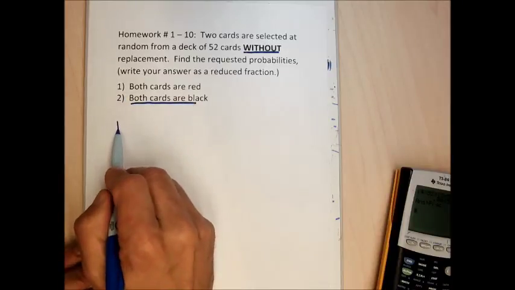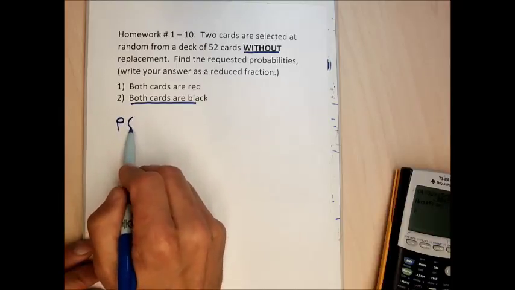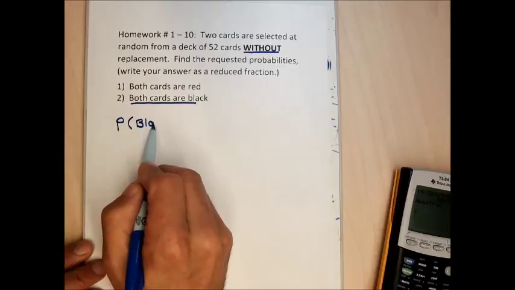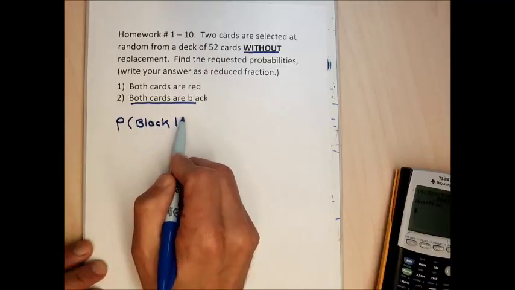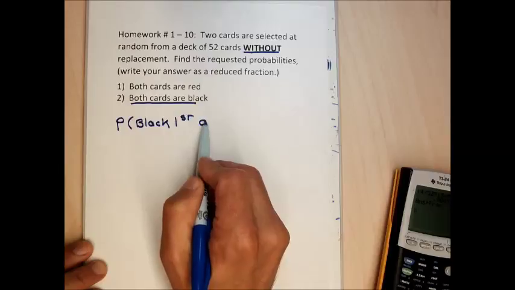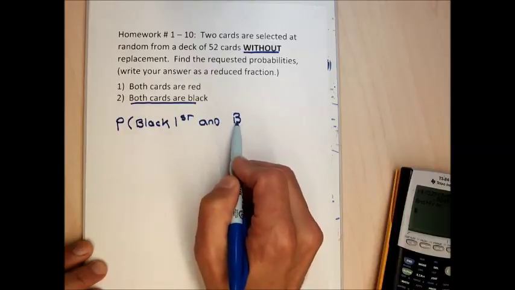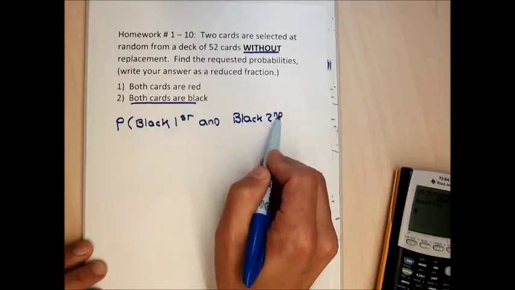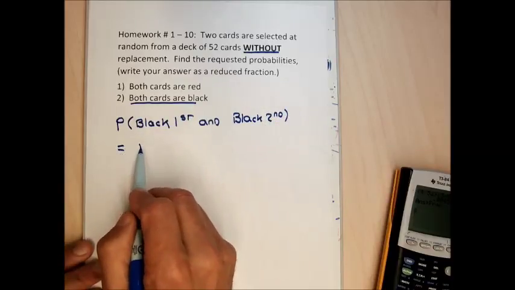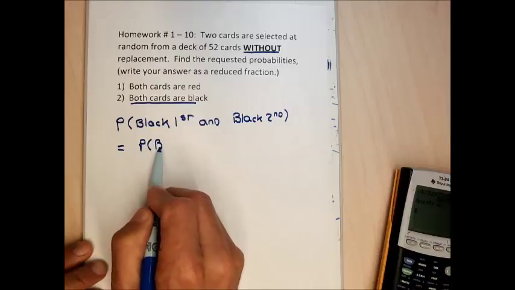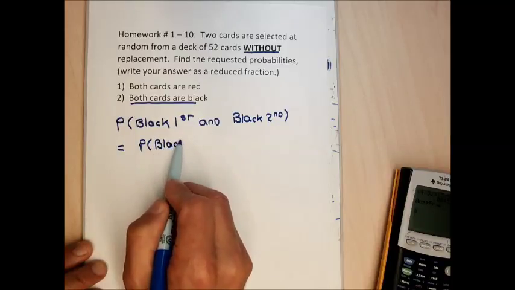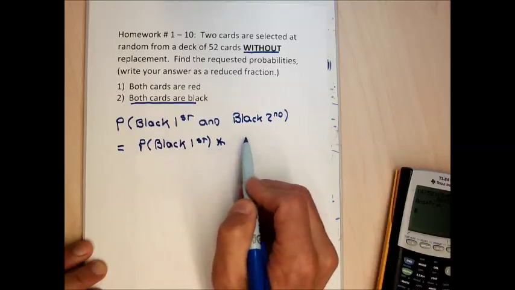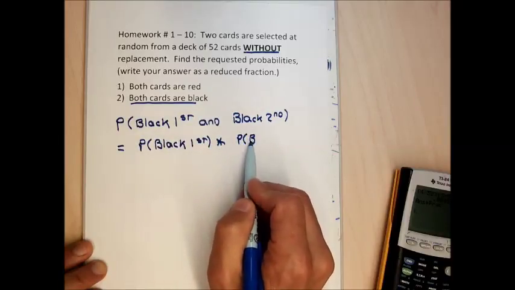My problem 2 says, what is the probability, if I pick 2 cards, that the first card is black and the second card is black? The formula that we're using in this section says this probability can be found by finding the probability of getting a black card first times the probability of getting a black card second.